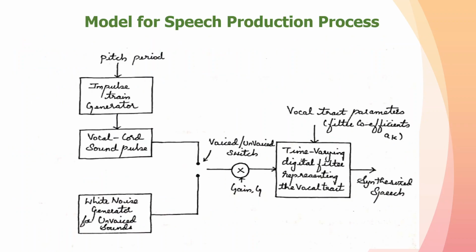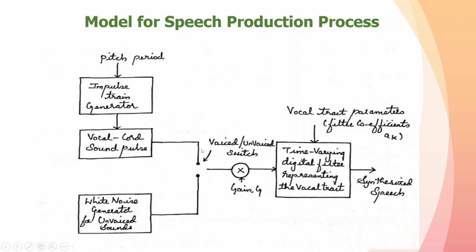Next, this is the slide showing the model for the speech production process. How the speech is produced means by excitation of the vocal cords. If the vocal cords get excited with an impulse train, then a voiced sound will be generated.